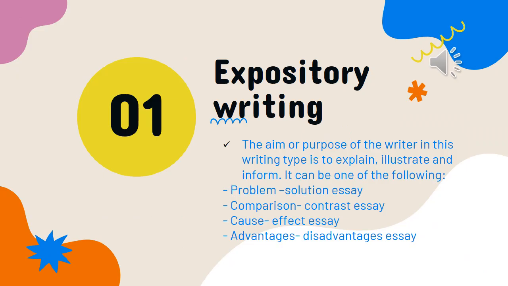Now in this lecture, we'll be focusing only on the first type of writing, which is expository writing. We already took an example of that in the model essay. So what is the aim of expository writing?